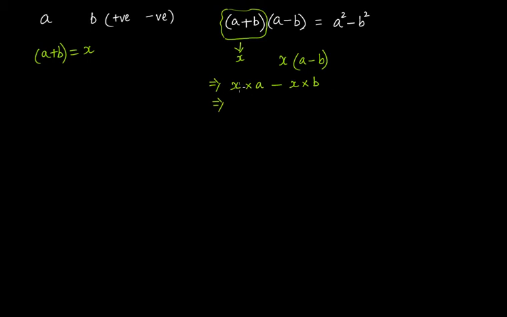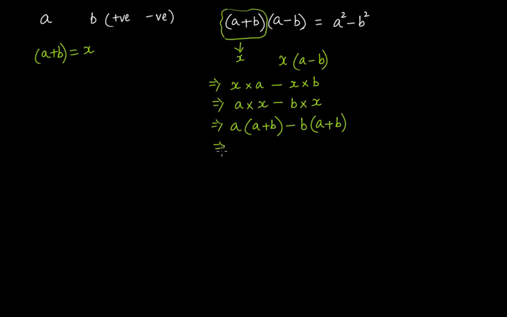Now x multiplied with a can be written as a multiplied with x. This is the commutative property of multiplication. And the same thing here, this can be written as b multiplied with x. Now let's put the original value of x, that is a plus b. So this is a times a plus b minus b times a plus b.